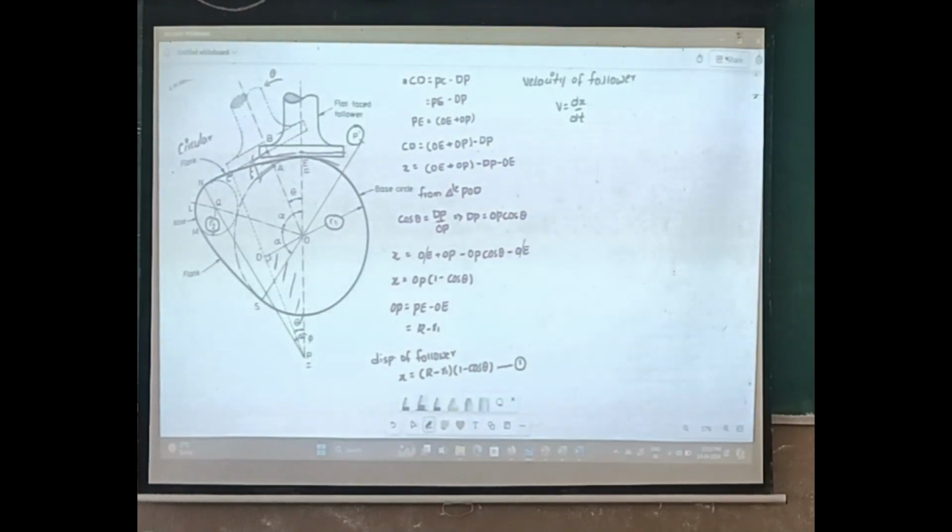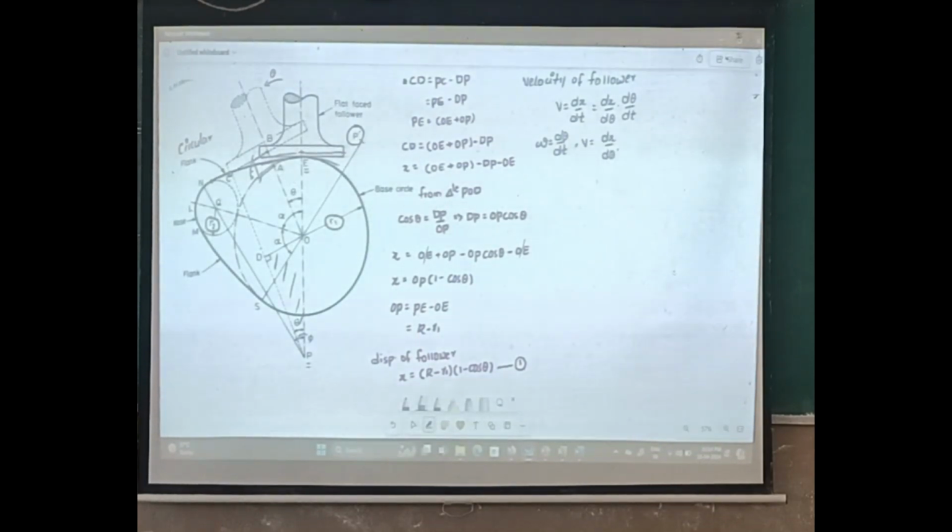Which can be modified as dx by d theta into d theta by dt, multiplying and dividing by d theta. Now we know that the angular velocity omega is equal to d theta by dt.